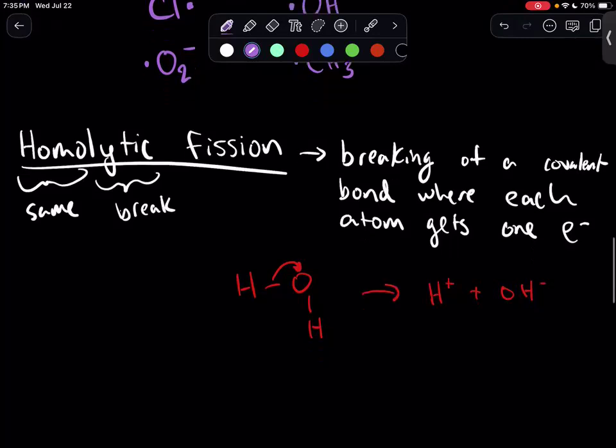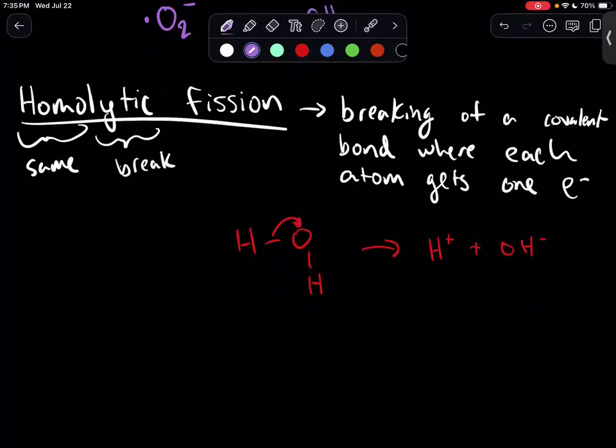So this is not homolytic fission. An example might be where we have chlorine and chlorine, and they form Cl radicals, two chlorine radicals. So this is homolytic fission. This is not. So that's where we get that idea.